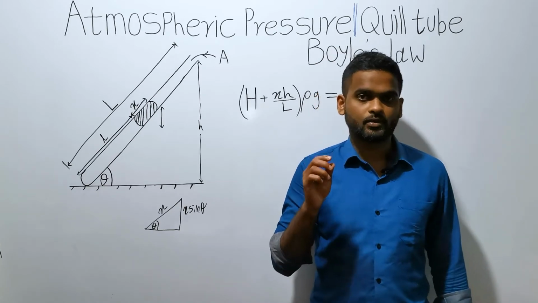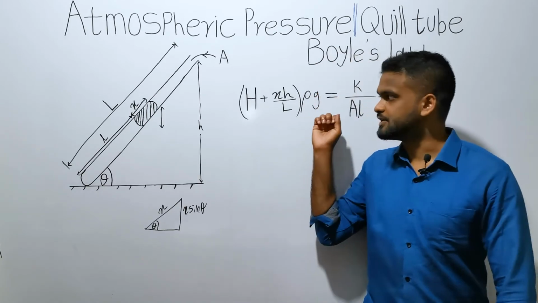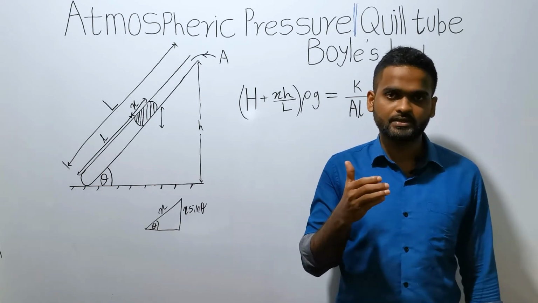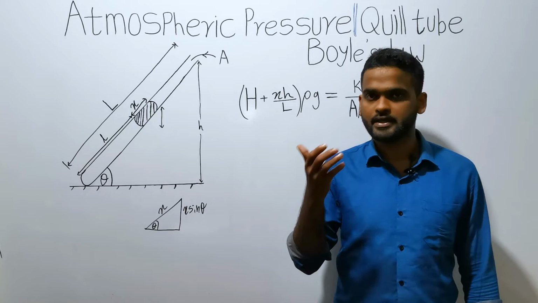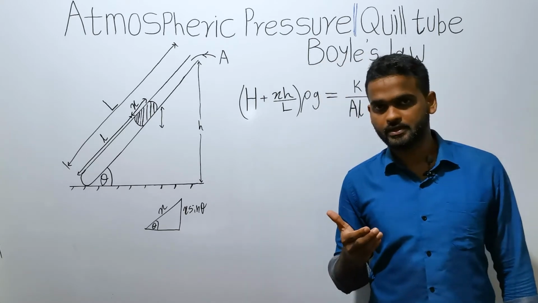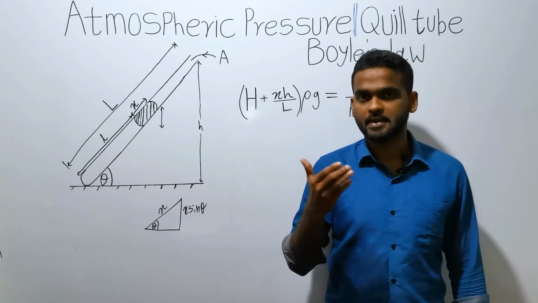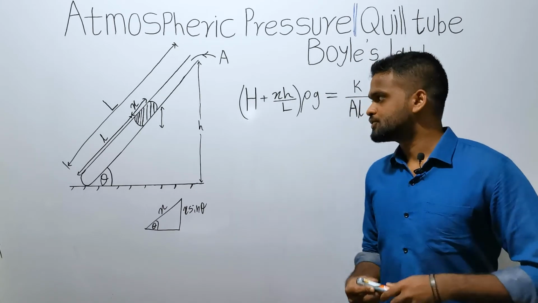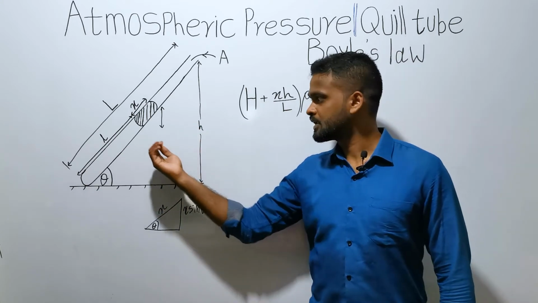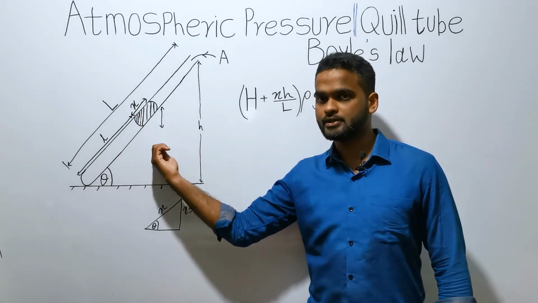Then we are going to draw a graph using this equation. To draw a graph, we need values for x and y coordinates. X is the independent variable and y is the dependent variable. We can get these by changing the inclination of the Quill tube.